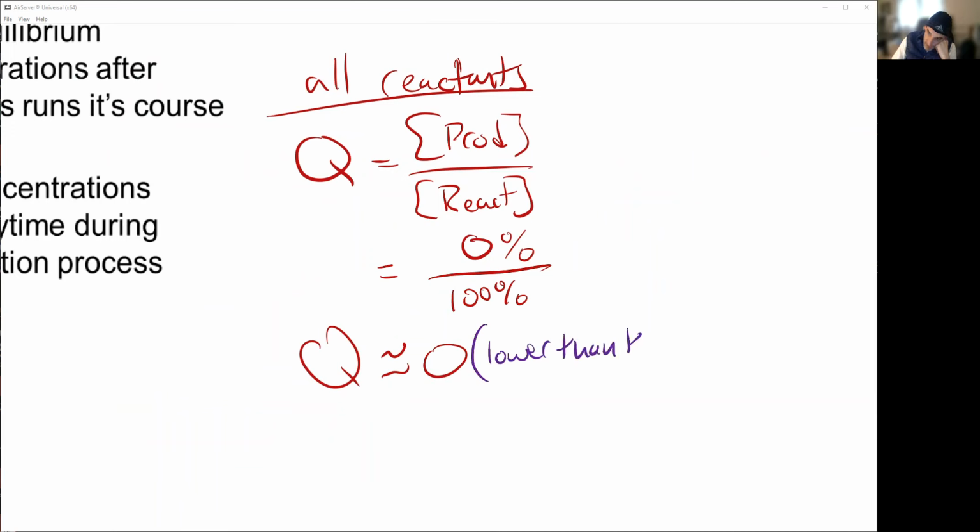If it's lower than K, nature immediately tells it, you have to increase, you have to get to K. So if Q is less than K, Q is going to increase until it reaches K.